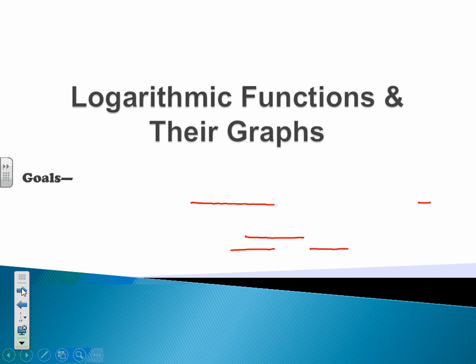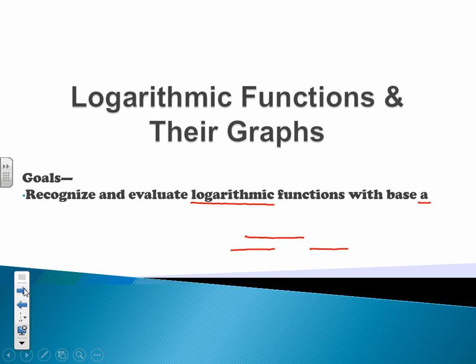Your goals for this topic are going to be to recognize and evaluate log functions with base A. What is a log function with base A, and how do you evaluate it? You actually learned a little bit about it during your warm-up. Your other goal is to learn how to graph log functions.